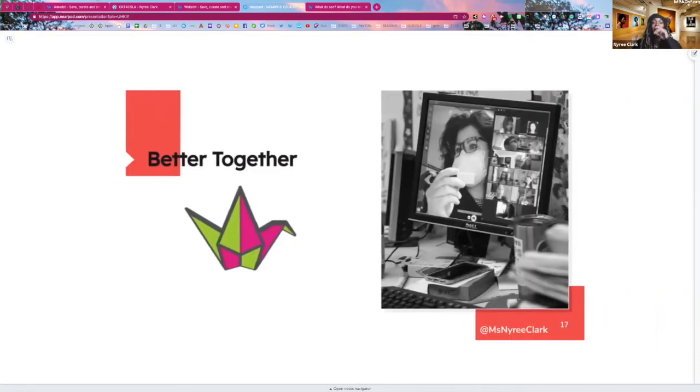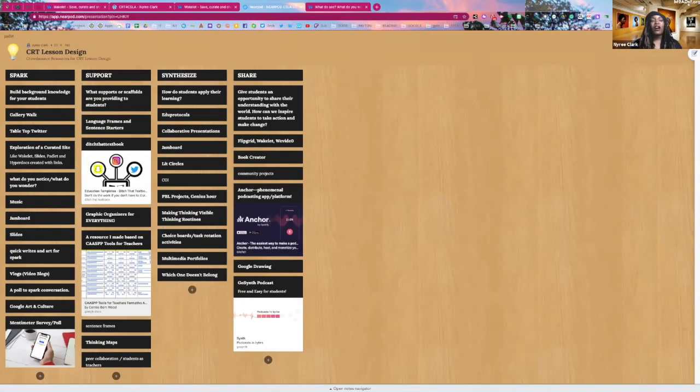Okay, so I am just one person. We are in a collection of 31. I just saw that little tab. There's 31 of us in here, which makes us better together. So in being better together, I created this Padlet with all of the different areas that we've just gone over: how we can spark, how we can support, how we can synthesize, and how we can share.